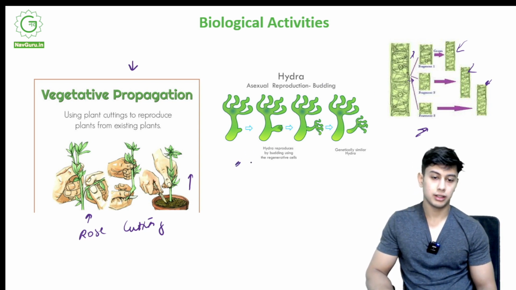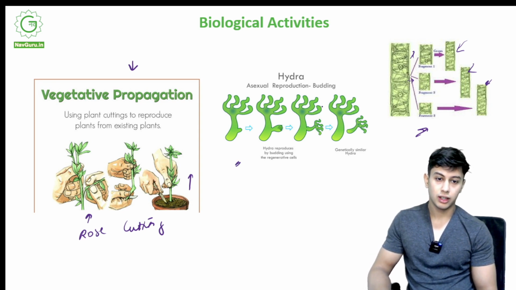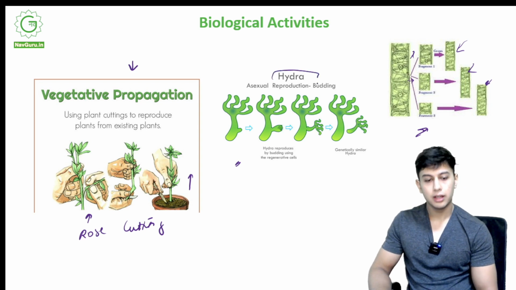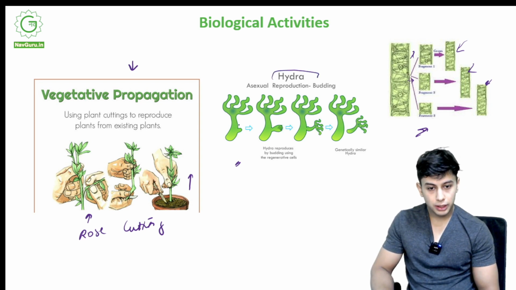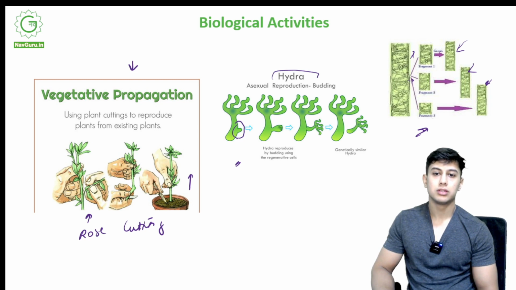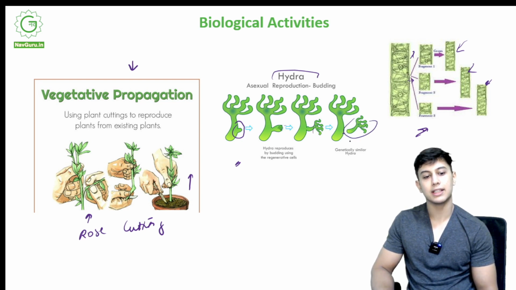Consider hydra. Hydra reproduces through budding. Hydra is a water-based plant. It will develop a bud on its body, and this bud will develop into a bigger, new hydra and detach itself.